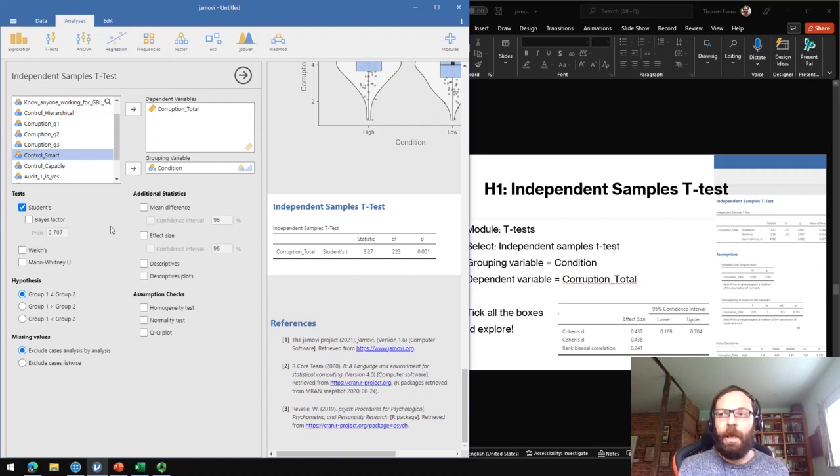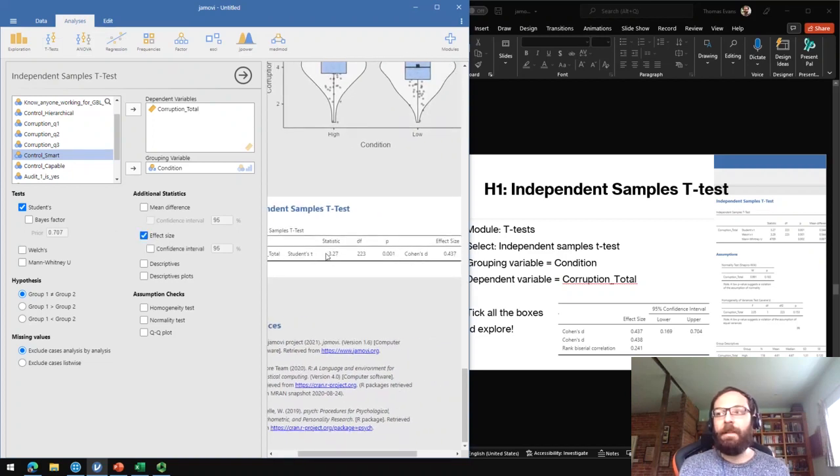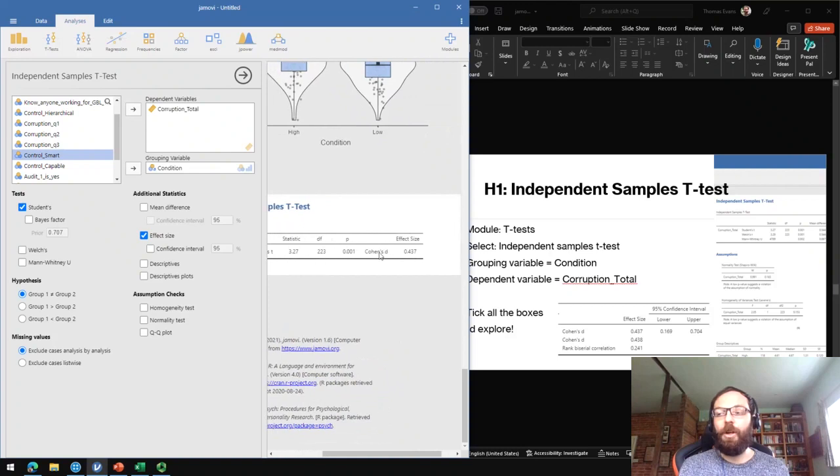You remember that the original effect size was 0.48, and if we ask for effect sizes, it will add a line for Cohen's d, and our Cohen's d here is 0.437. So that tells us the size of effect we've observed is quite similar to the one reported by the original study, which provides corroboration for their evidence.